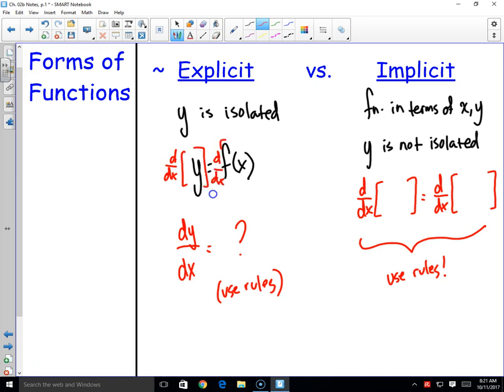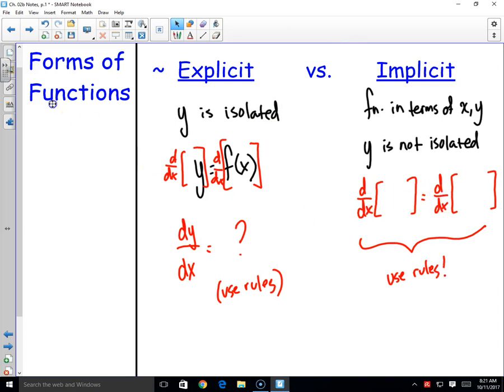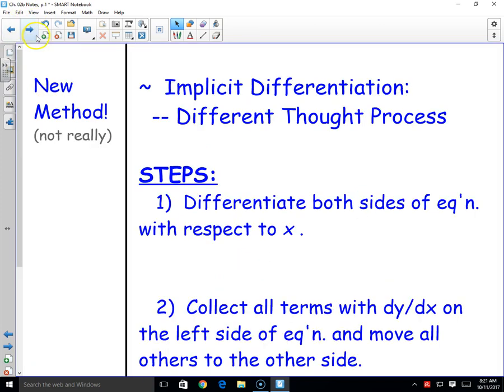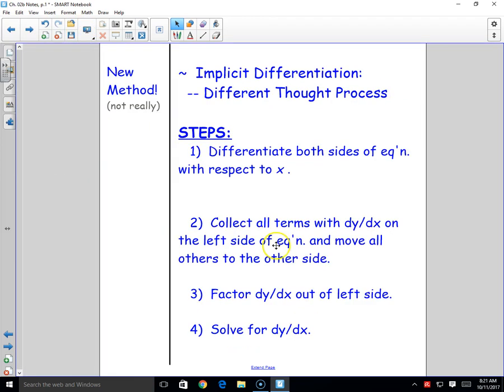I do have steps on the next page about the point of attack whenever you see an implicit function. But the big idea is you're just taking the derivative of both sides, legally using the rules. And whenever you take the derivative of a y expression, you need times u prime, or times y prime, or times dy dx.